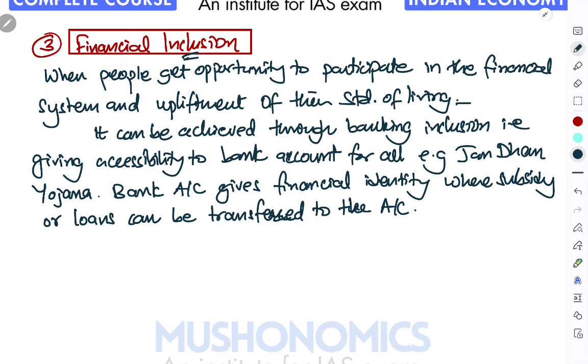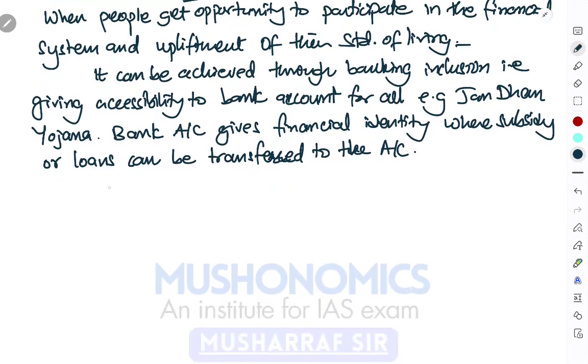Now financial inclusion also includes credit inclusion that we have talked about, that is loans. Accessibility to cheaper loans for all, such that people can have the courage to start new businesses, or for crop diversification by farmers. If credit is available, maybe a farmer can take risk and go for crop diversification, and people can take new risks and start new businesses.